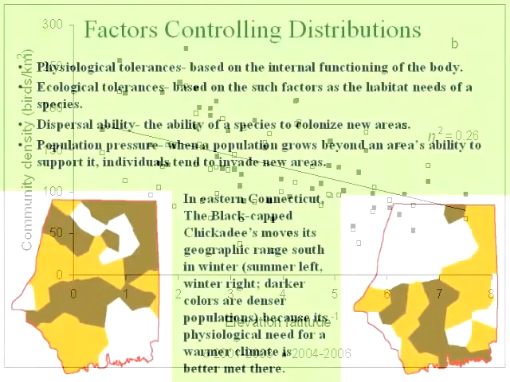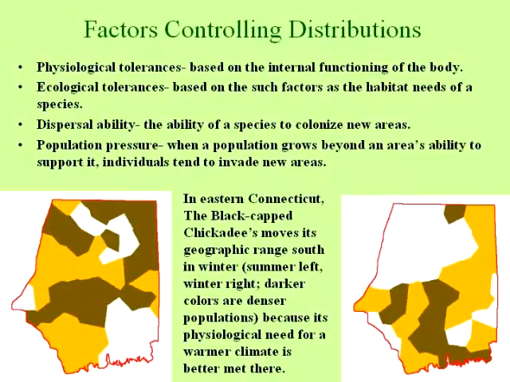So we can suppose that regions with milder climates, such as you would find in the southern half of that study area, are being differentially sought out by chickadees. And this would appear to be a physiological reason.